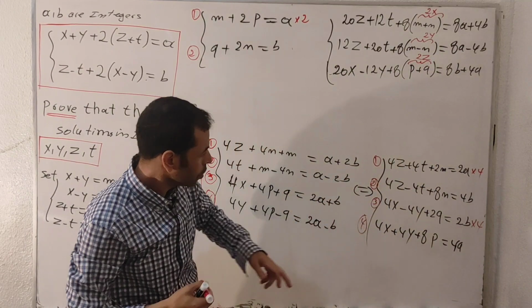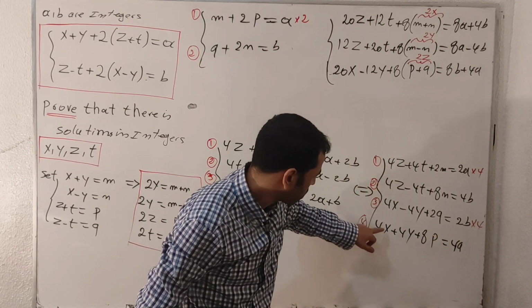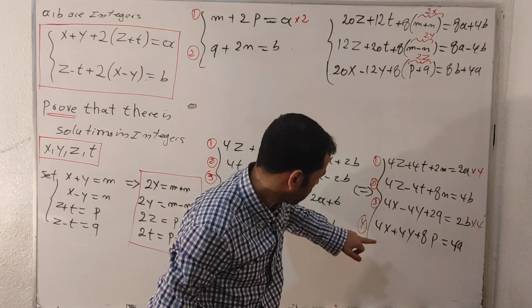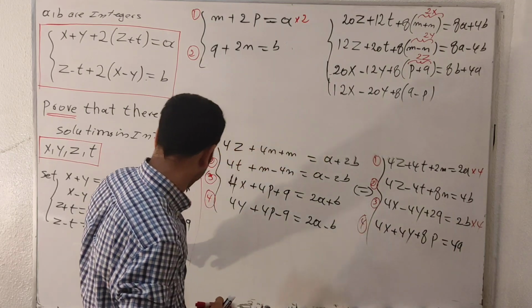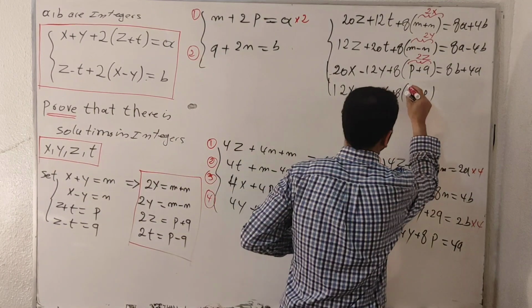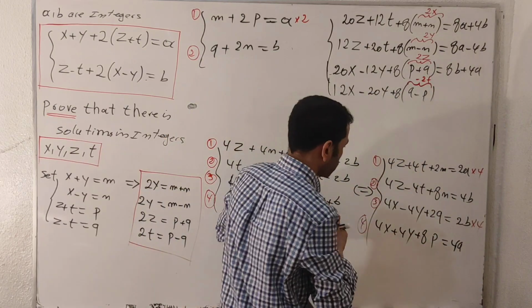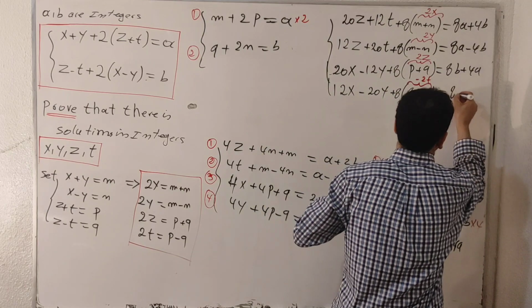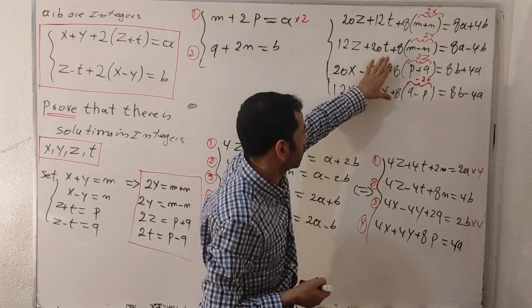For the last equation, I'm going to do the same thing, multiply by number 4 and subtract equation number 4, which means I will have 16x here minus 4x, which is 12x. But here we have p minus q, so which is minus 2t. It will be replaced with minus 2t. Also, I will have 8b minus 4a. I'm going to rewrite this one again.